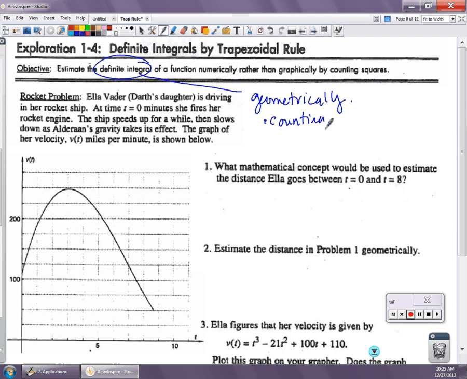That's how we started out our discussion of the area, and we did that using Riemann sums. And now we're going to look at another geometric shape, which is the trapezoidal rule. And this is not going to be a big stretch for you. It's the exact same thing that we did with rectangles, except we're using trapezoids instead. So let's take a look at this problem.